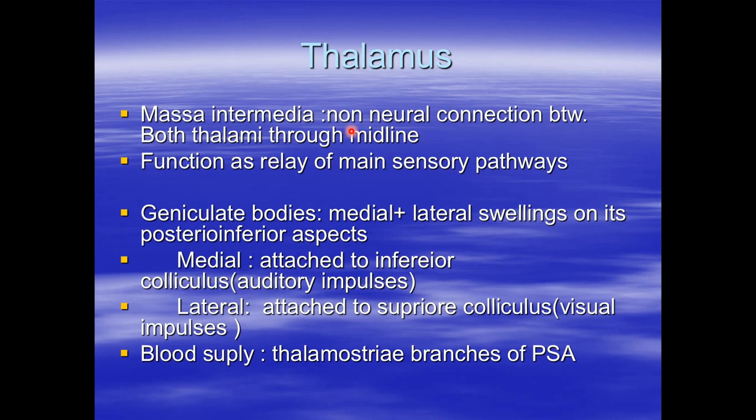While the motor information or motor fibers, which go through the corticospinal tracts from the cortex to the spinal cord, go through which anatomical structure? We talked about it last session, the motor nerve fibers. The motor nerve fibers, the corticospinal tracts, go through which anatomical structure?